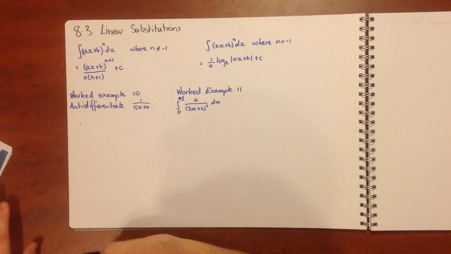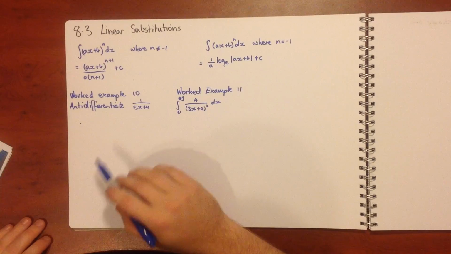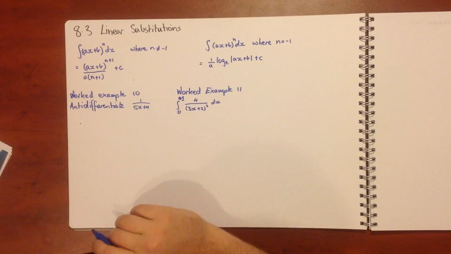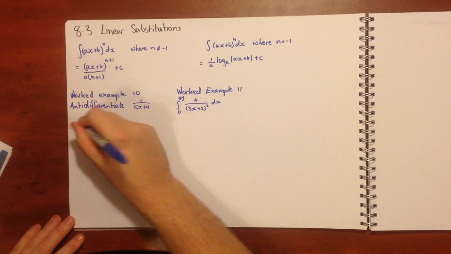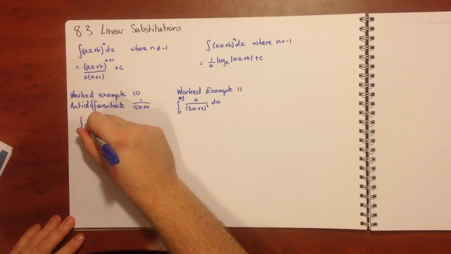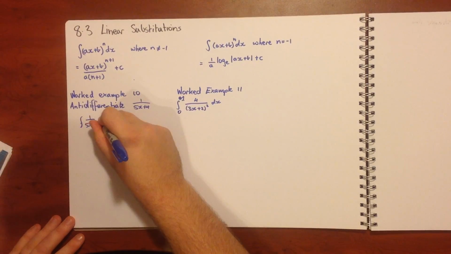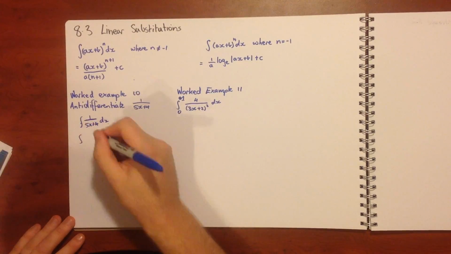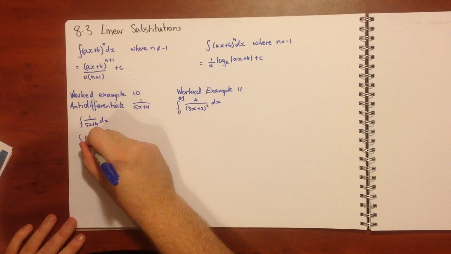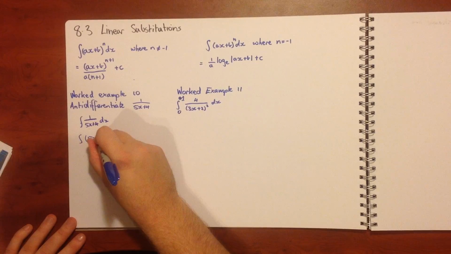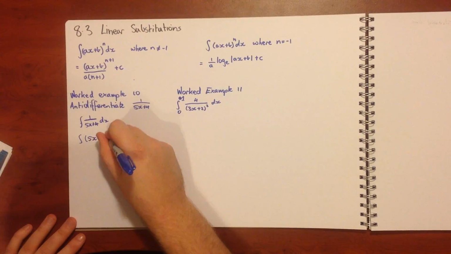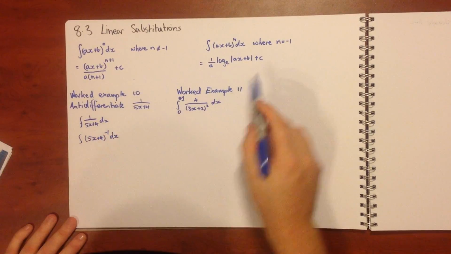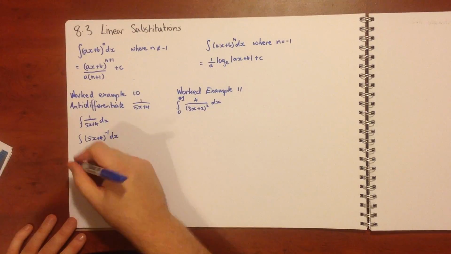So the first one that we're doing is we've got to anti-differentiate 1 on 5x plus 4. So we're integrating 1 on 5x plus 4 with respect to x. So we can write that as 5x plus 4 to the power of negative 1 dx. So we're going to be looking at this form.